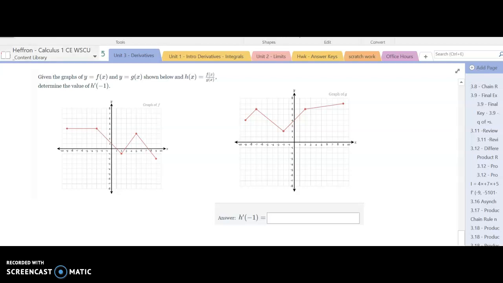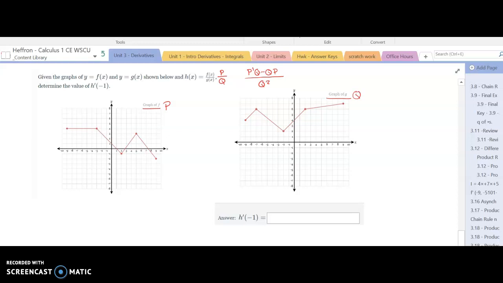This time, instead of tables, you've been given graphs that represent G and F, and you've been given this quotient here, F over G, or as we've been talking about it, some numerator P over Q. So that's going to be P prime Q minus Q prime P all over Q squared, where F is really our P function and G is really our Q function.